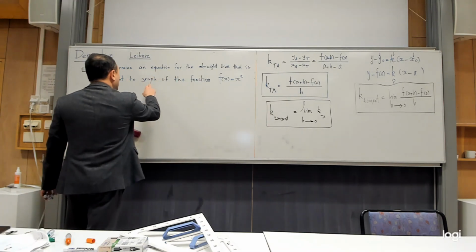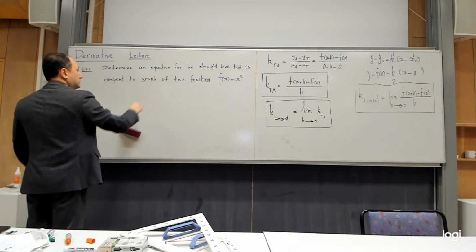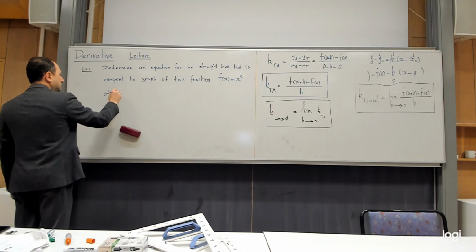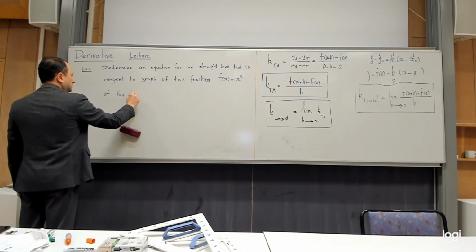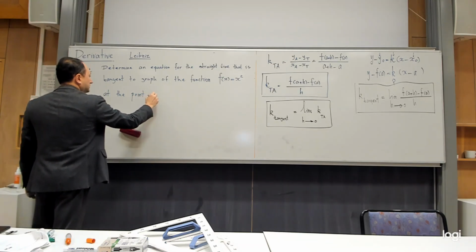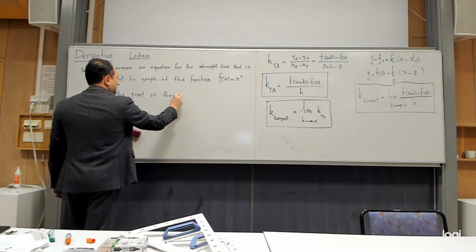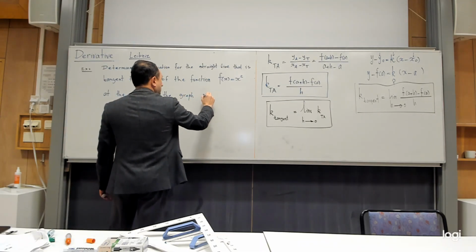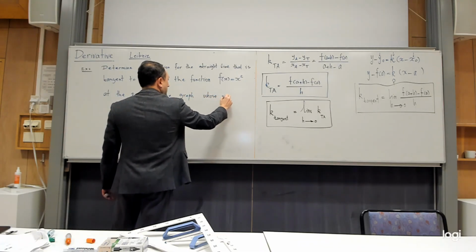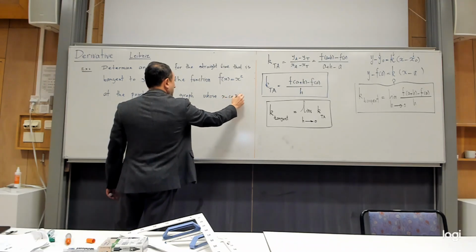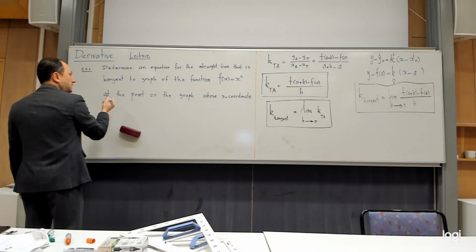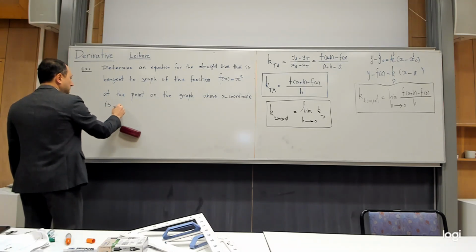So, tangent to the graph of the function at the point on the graph whose x-coordinate is, for example, say 2.